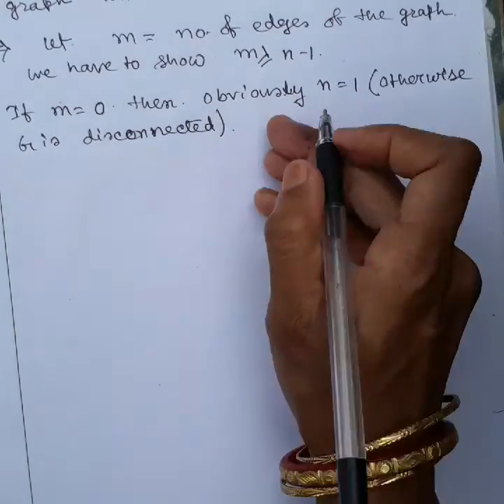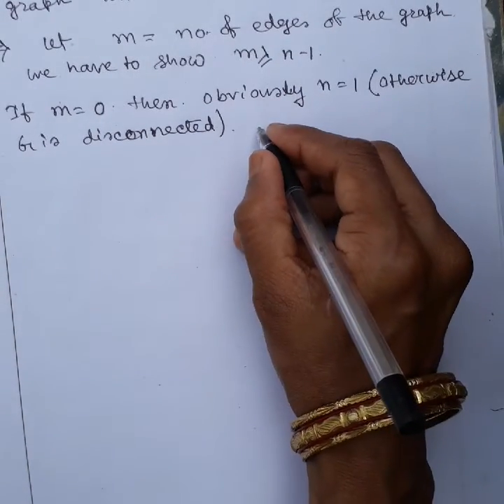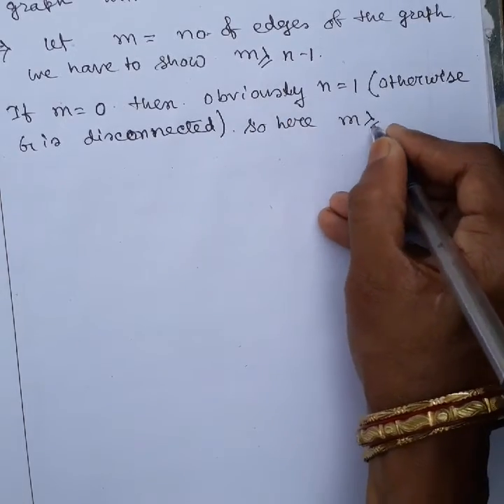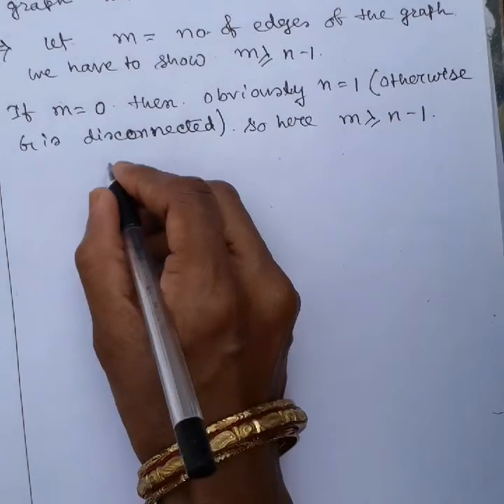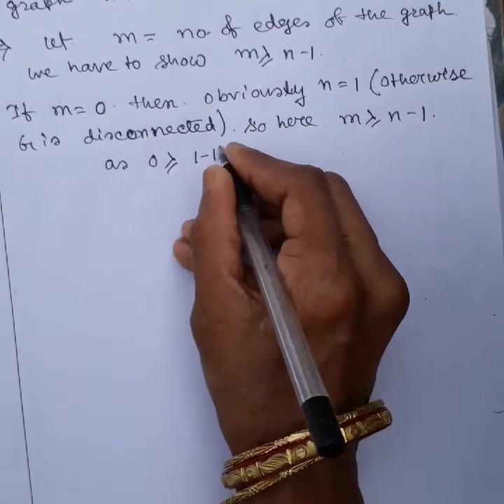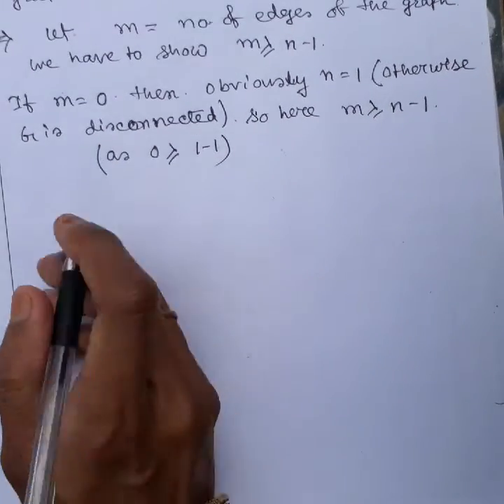Okay, so here m is greater than or equal to n minus 1, as 0 is greater than or equal to 1 minus 1.